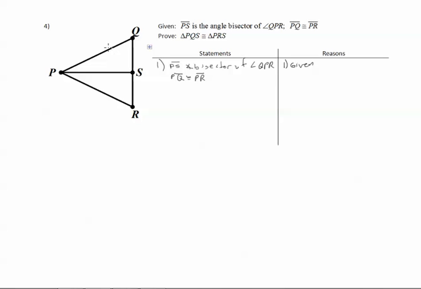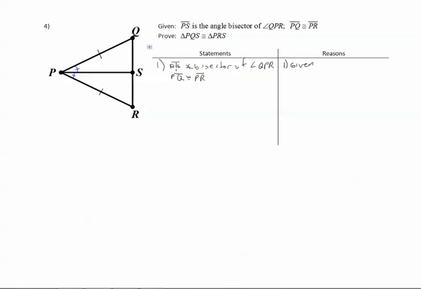So now let's come over here, let's mark our givens. Let's mark the first one as segment PQ is congruent to segment PR. And let's investigate this next one. It says segment PS, this segment, is the angle bisector of angle QPR. Now, what does that tell us? It tells us, if it is the angle bisector, that the angle formed here is going to be congruent to the angle formed here.